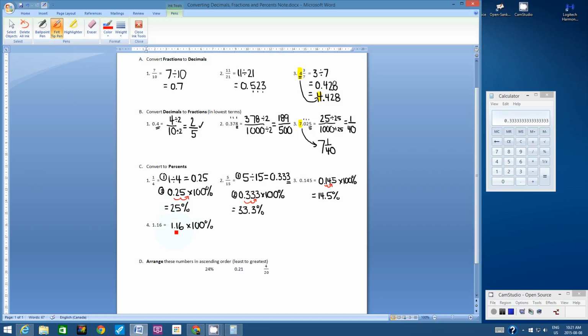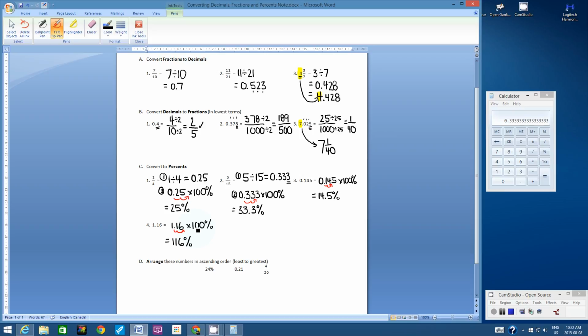So let's move the decimal place 1, 2 places to the right. And what do you get as a final answer? 116%.